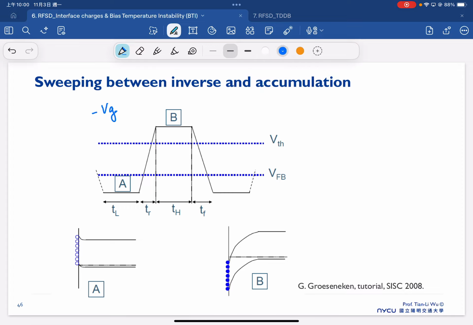As you know, when we bias at minus VG, that means we operate this transistor in the accumulation mode. And then the second stage is that we give the positive bias, VG larger than VTH, which will bias this transistor in inversion.